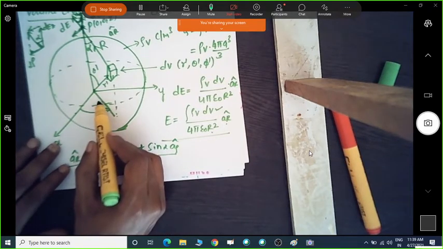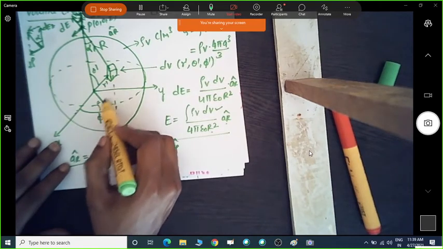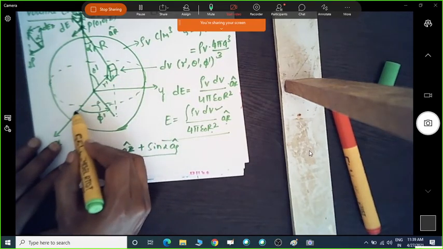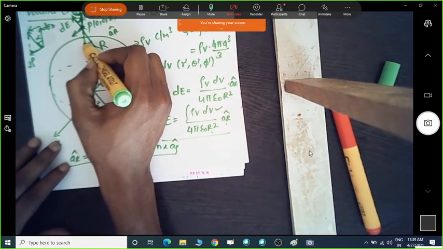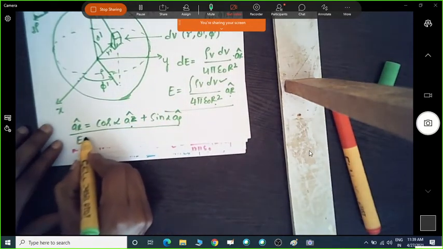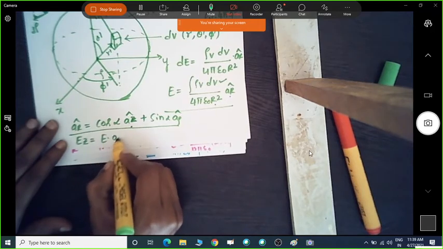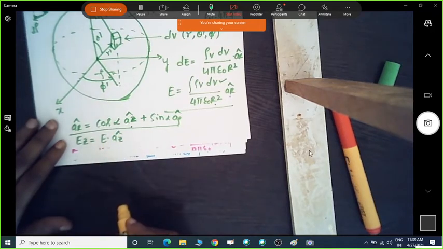If I split this rho in terms of x and y components, that will cancel each other due to the opposite elemental volume, so we are left with only the z component. That's why we have only a z component of electric field, which is the electric field in the direction of az.